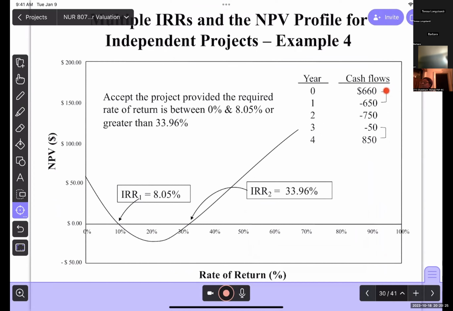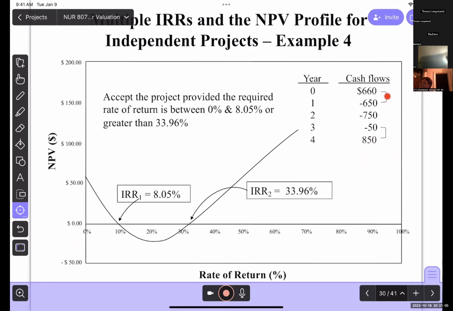This one is high. This one is high, and this one is high. These are all very high, relatively speaking. This one's higher than all of them in the future. And then you have some mediocre value here. So what does that mean? It means that for these cash flows to be a positive NPV, you should not discount something in the future so high. So that's why it likes low discount rates, so this doesn't get diminished.